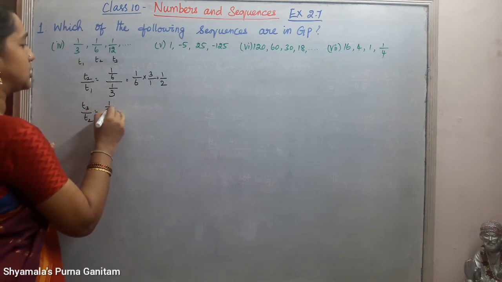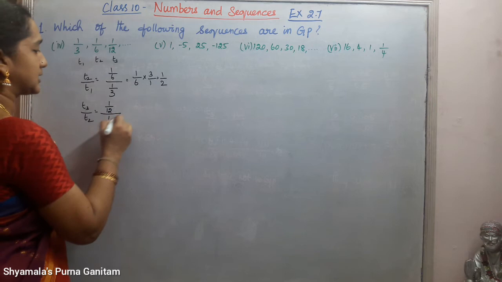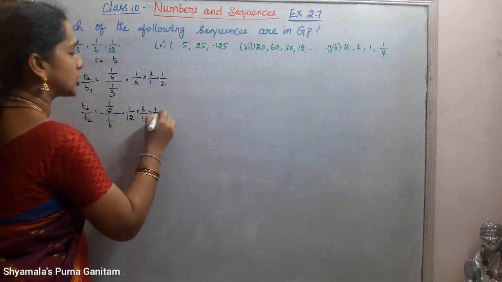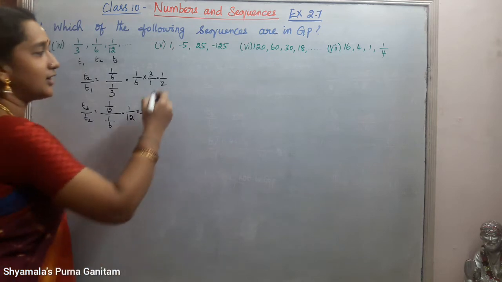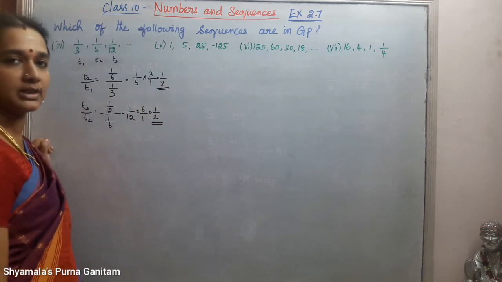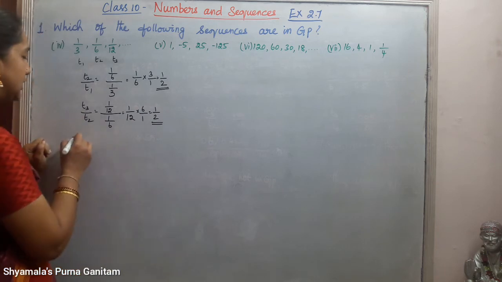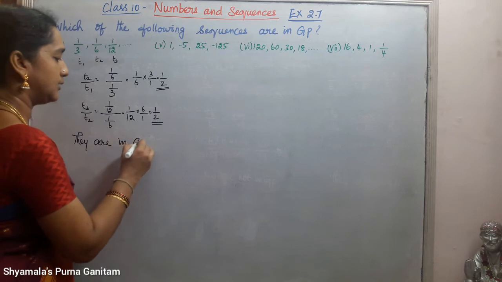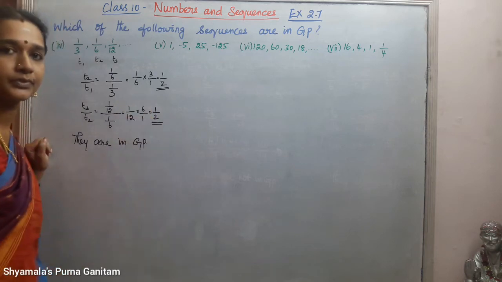T3 is 1 by 12 by 1 by 6. So 1 by 12 into 6 by 1, this is also 1 by 2. So we got the ratio as 1 by 2 and 1 by 2. Since the ratios are same, they are in GP. Okay.